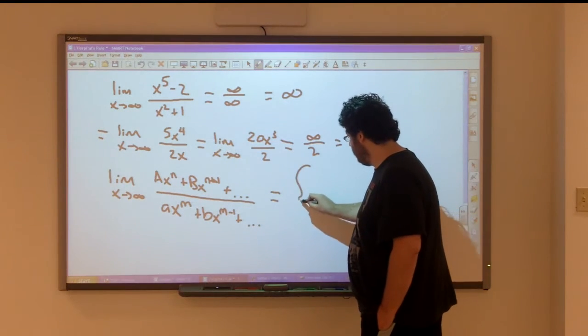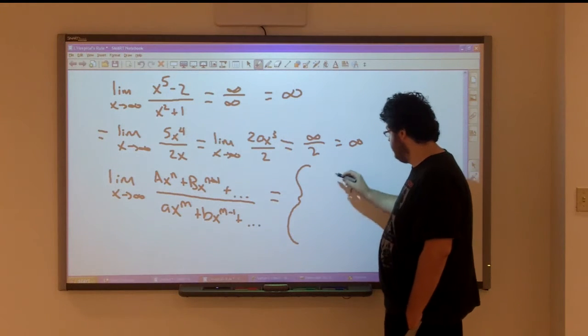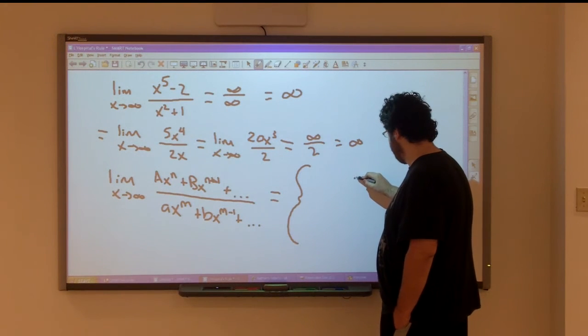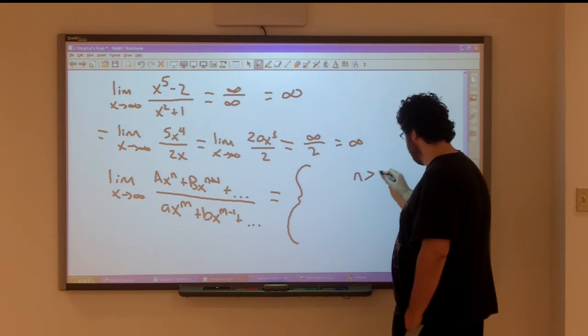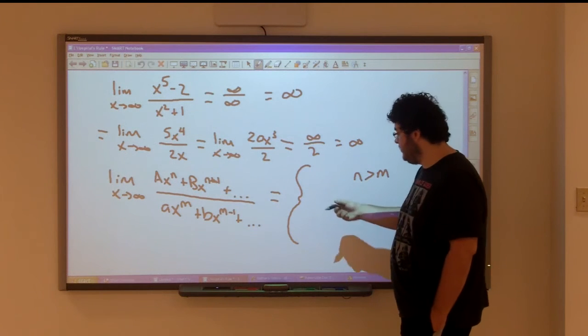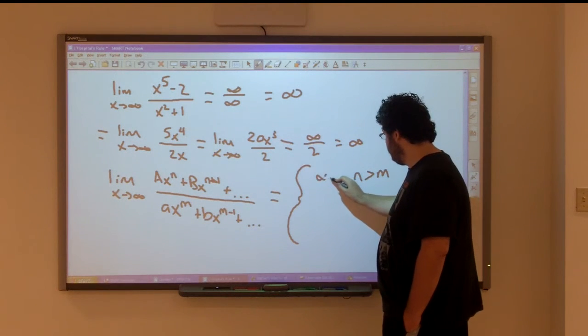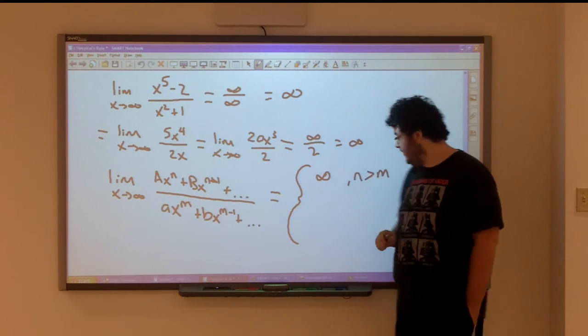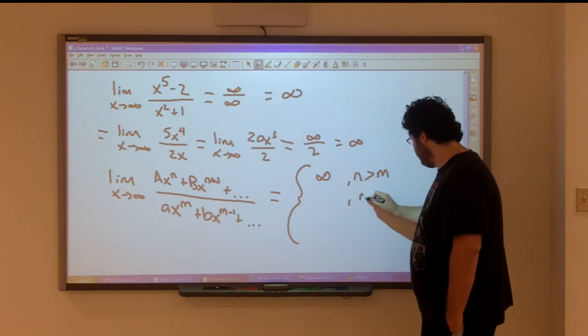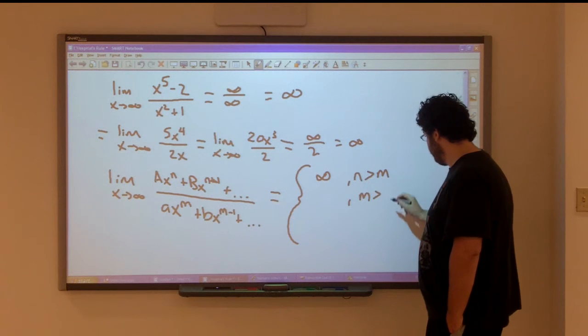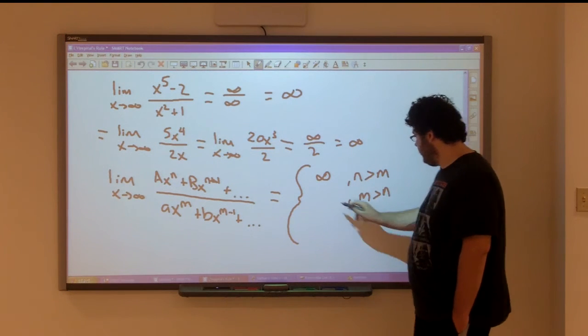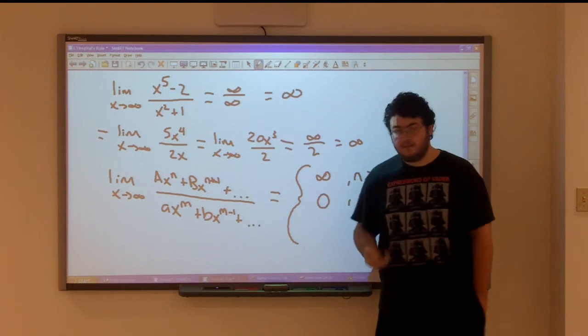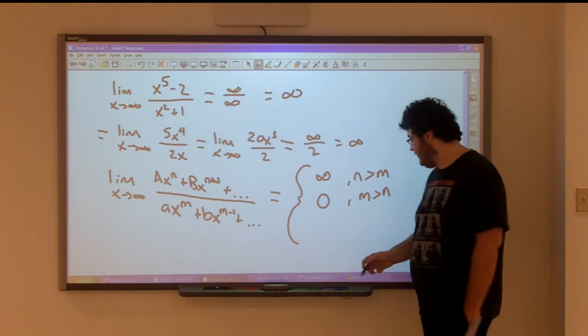And the rule is, if n is greater than m, so if the top power is bigger, you get infinity, which is what we found here. The top power was indeed bigger than the bottom. If the bottom power is bigger, then you get 0, just like we found before, because the bottom is going to infinity faster.